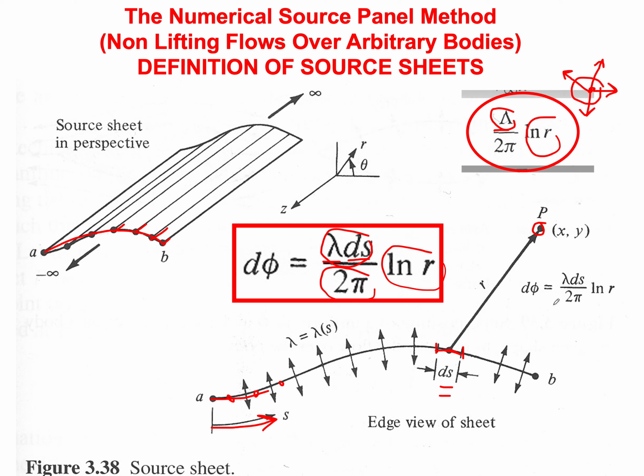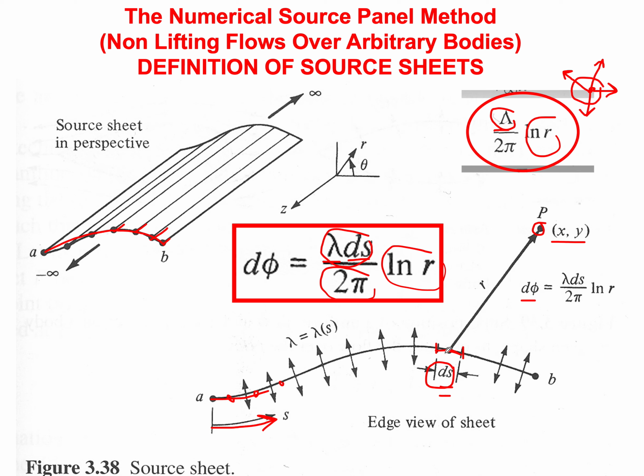So if now I want to compute at any point in the flow, so an arbitrary point P, which is designated by its coordinates x and y, what is the contribution of this elementary panel, a single panel of length ds, what is the velocity potential contribution?